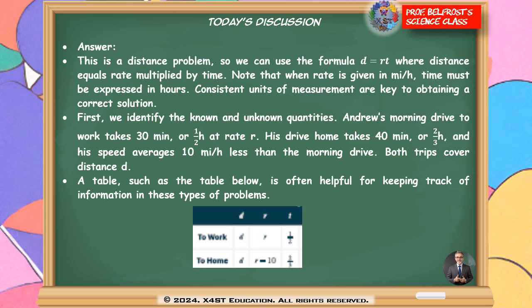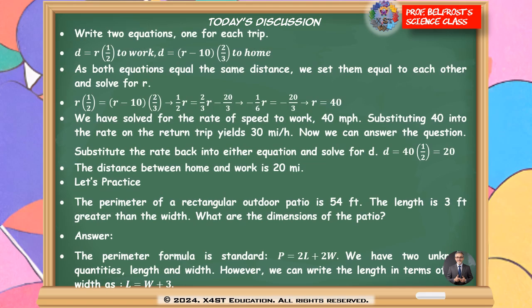I'm sorry, the table is a little small. So we can write two equations, right? d equals half times r going to work, and d equals the difference between r and 10 times two-thirds when going home.